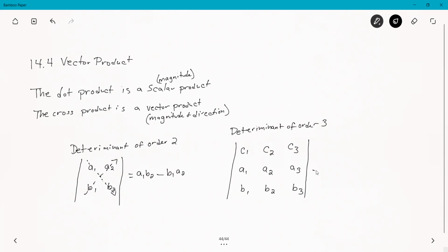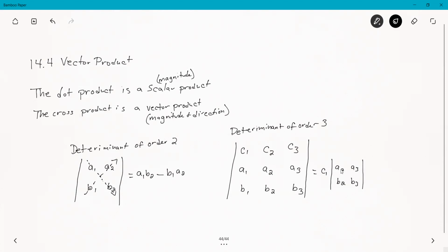But essentially, here's what's happening. We're going to first start with this c sub 1, okay? So we're going to have c sub 1, and we're going to multiply that times the matrix a sub 2, a sub 3, b sub 2, b sub 3.